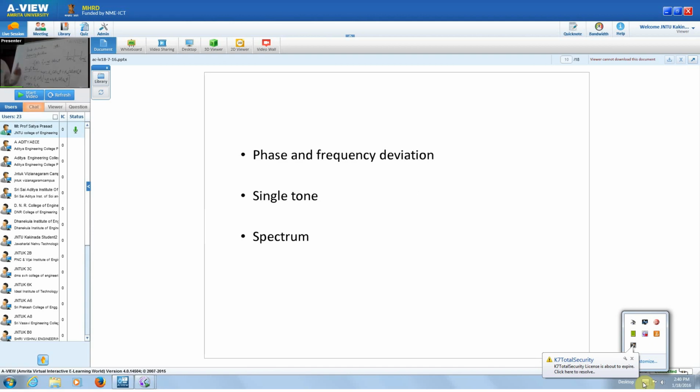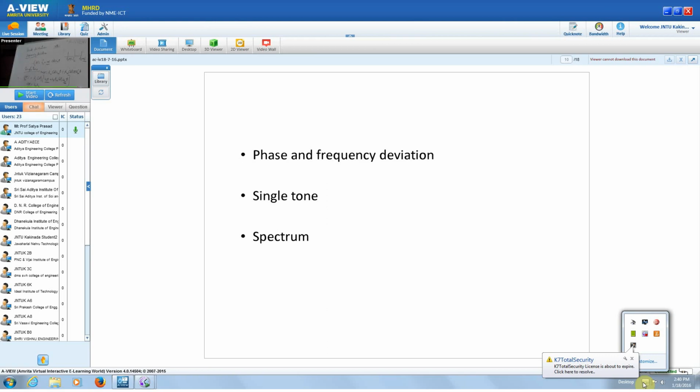And here, what is the value of this phase deviation? Kp into Am. What is Am? Amplitude of your baseband signal, and Kp is the sensitivity constant. So your phase deviation doesn't depend on your frequency.